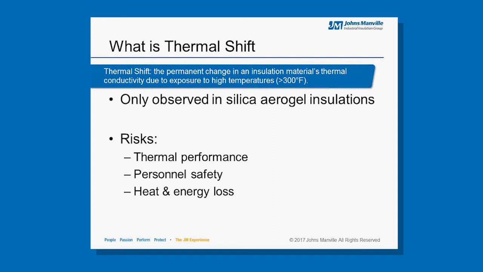We'll cover that on the next page. However, there are risks to the performance and process control of your system. There are risks with respect to personnel safety and exposure to exterior heat on those pipes and equipment, and you lose and consume more energy with respect to energy consumption and heat loss.